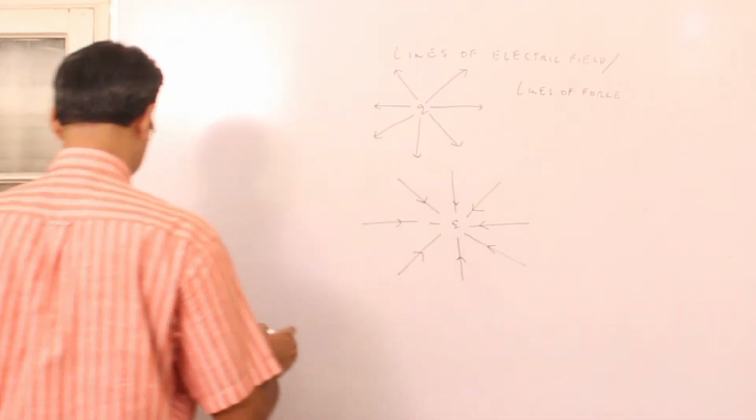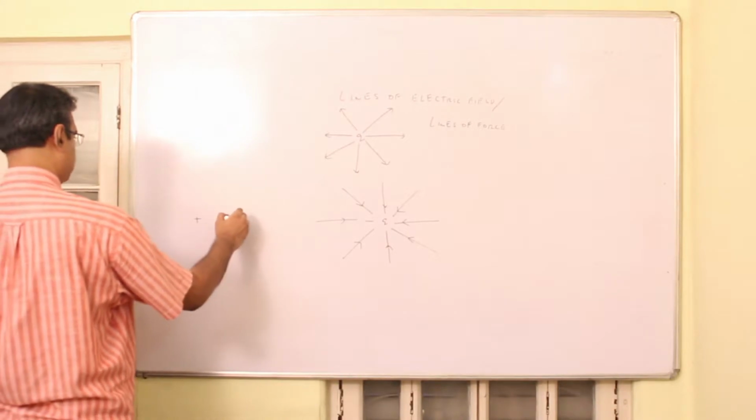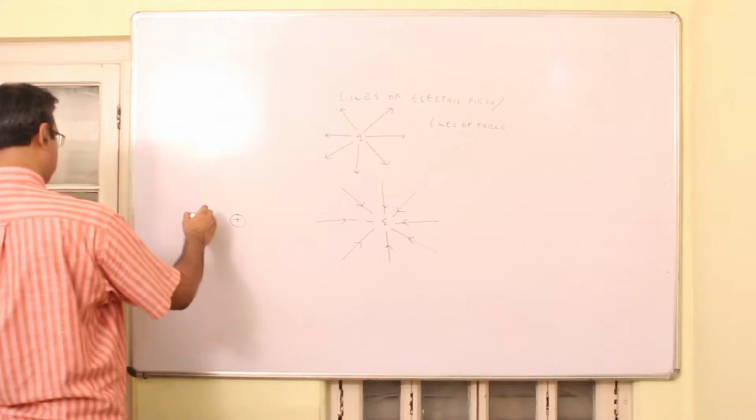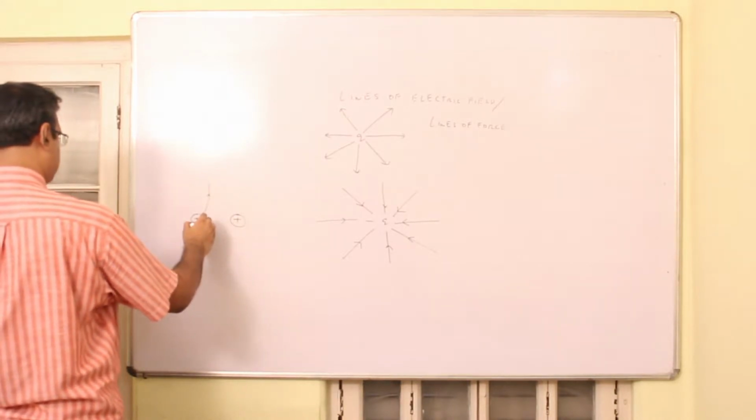Let us say you have two positive charges. In that case, the lines of force will point like this.